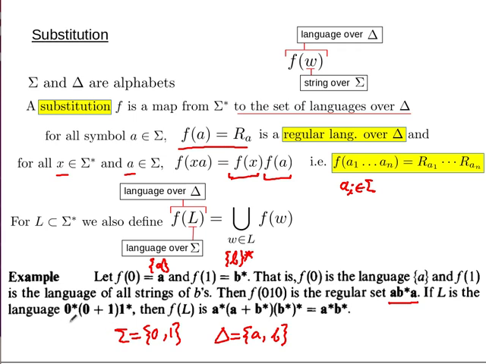And okay, so this is a language over this sigma. And if we map this, what do we get? We take all the strings W in this L, and then take the union of all these f of W. Okay. And if you do that, you get this thing.